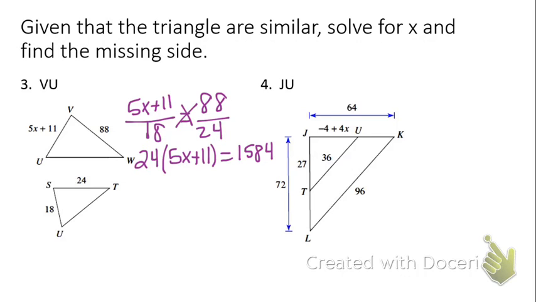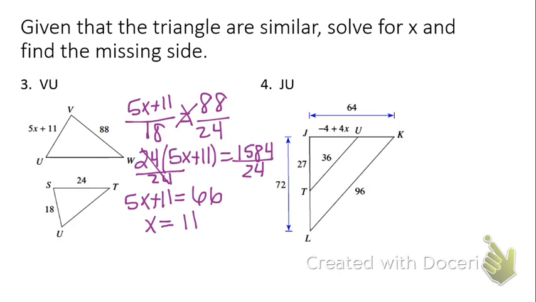But since it's being multiplied by everything, the easier way to do it is divide by 24 from the start. So then we get 5x plus 11 equals 66. And then I know you guys know how to solve that. Just subtract 11 and divide by 5, and you get x equals 11.